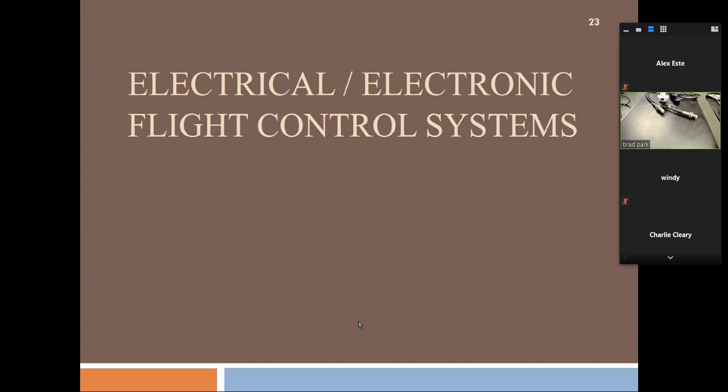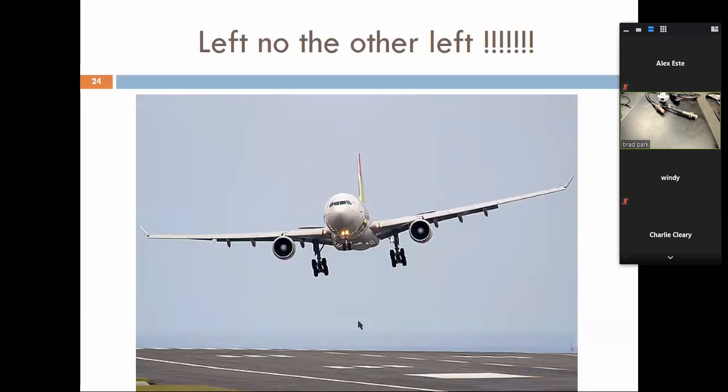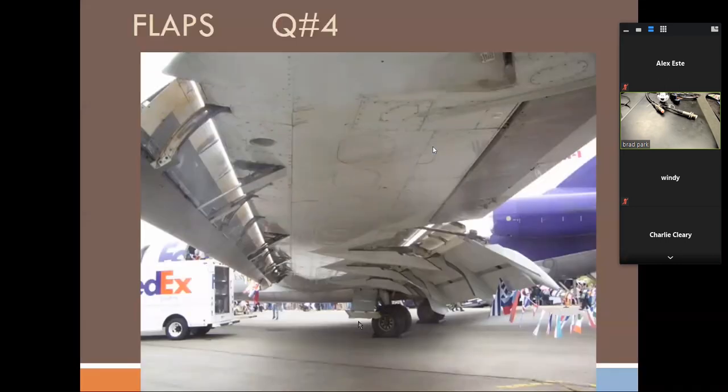So the next little one was flight controls. So again, the airframe textbook has some, which is chapter 10. So looking at some of the flight controls, one of them is flaps. I'm pretty sure you've gone through flaps before, I hope.